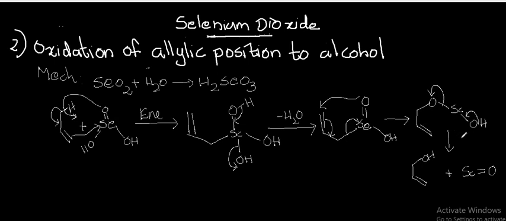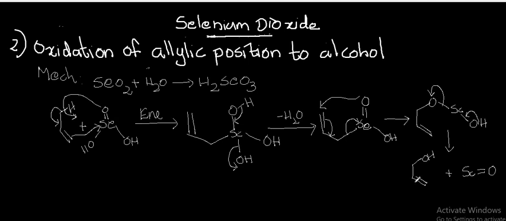Finally, it eliminates selenium oxide. This bond will shift to selenium, and selenium is converted into selenium double bond O, and this bond breaks to oxygen and is converted into O minus, and it gets protonated and converts into OH. This is our allylic alcohol.